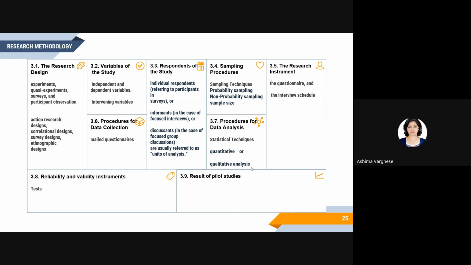Earlier, the term subjects was used, but now the term subjects is being used only to refer to the animals that are used in research conducted under laboratory conditions. So we are not supposed to call our participants subjects. It has been formally accepted that human participants are supposed to be called respondents.